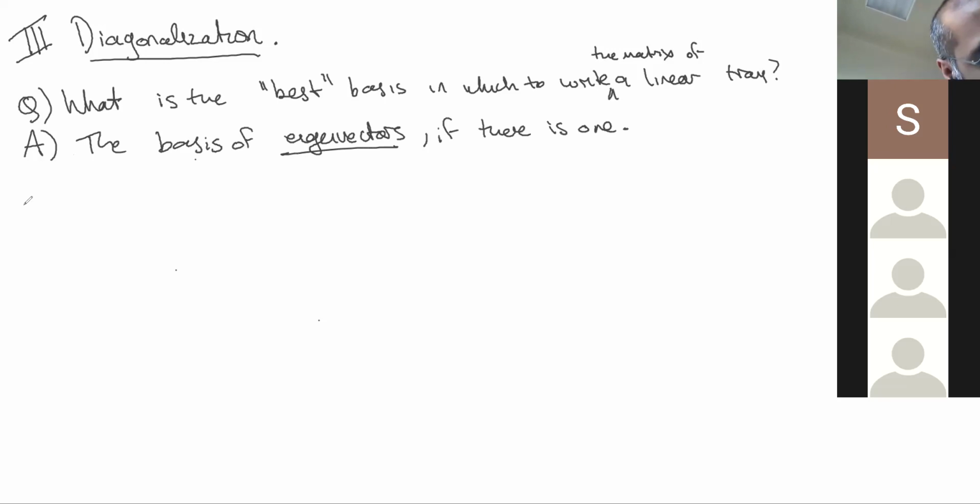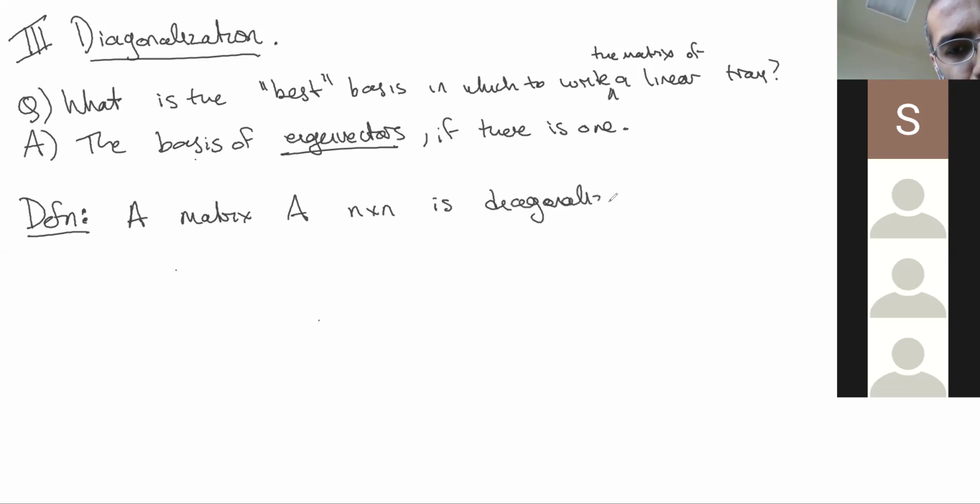So let me write a definition. A matrix A, n by n, is diagonalizable if it is similar to a diagonal matrix.